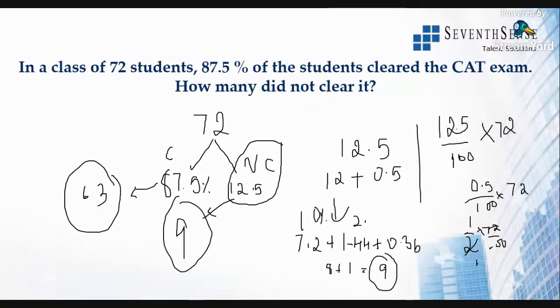See, without using pen, I did that. 0.5% I can take as half, so divide by 2 with the 1% value. 1% is 0.72, 0.72 by 2 is 0.36. If you add all this, you will get 9. So totally 9 students did not clear the exam.